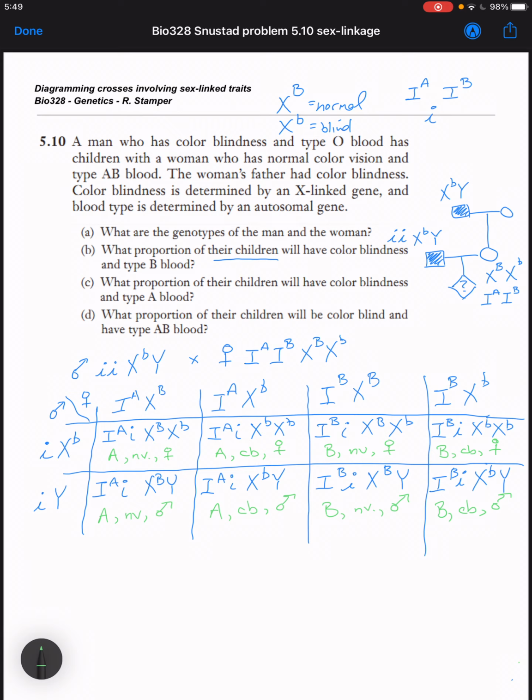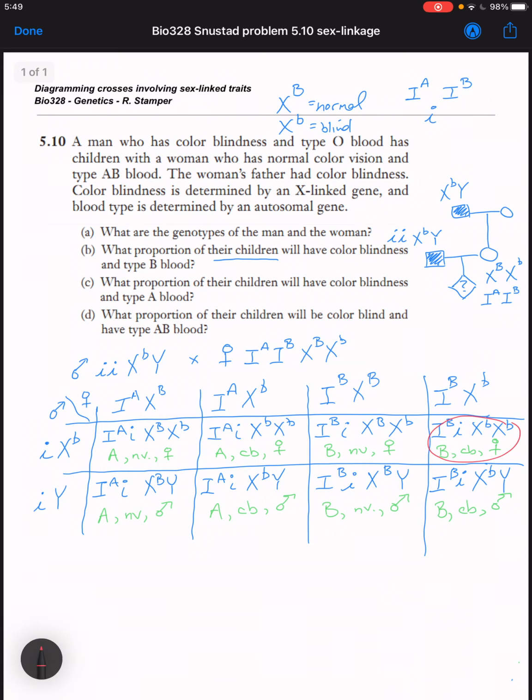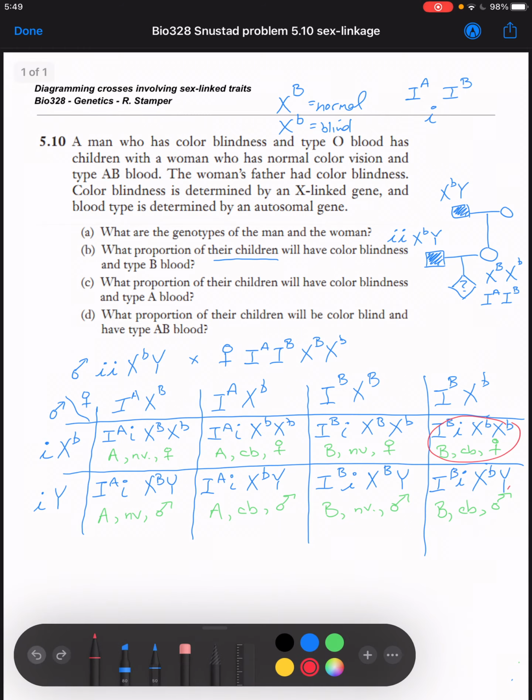So what proportion of the children will have color blindness and type B blood? Well, let's look for them. Colorblind and type B. I get 1 here, and I get 1 here. So 2 out of 8 gets me 1/4.